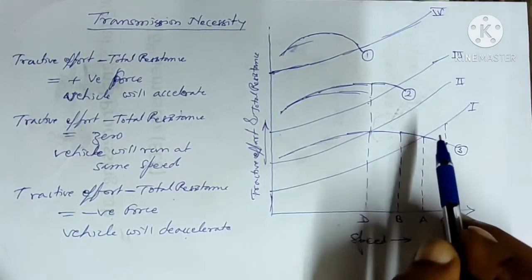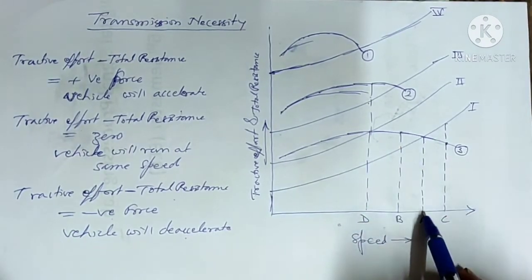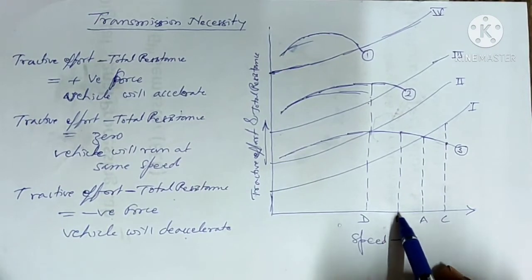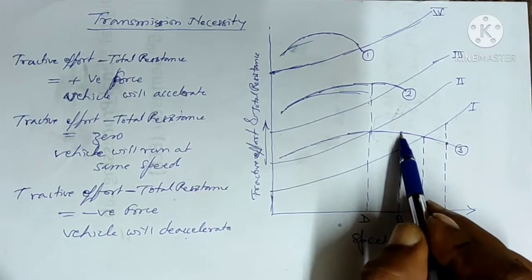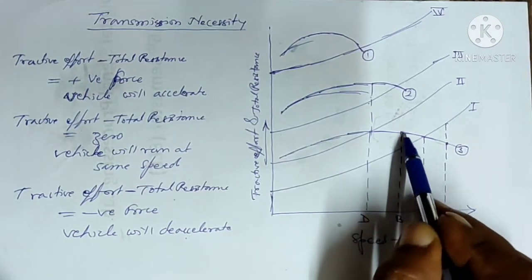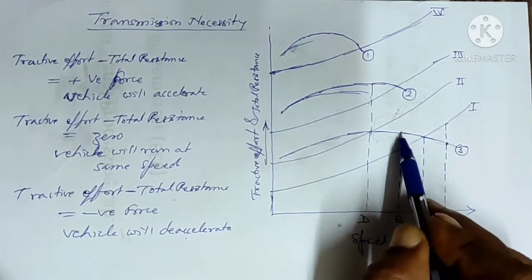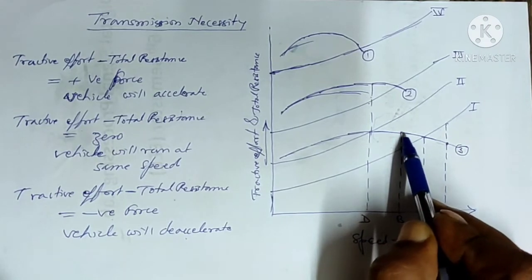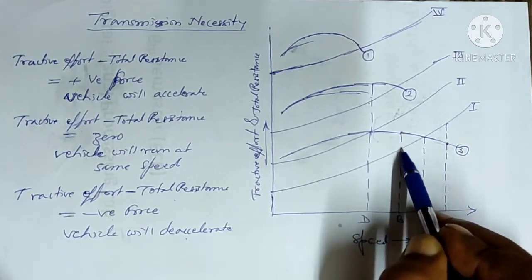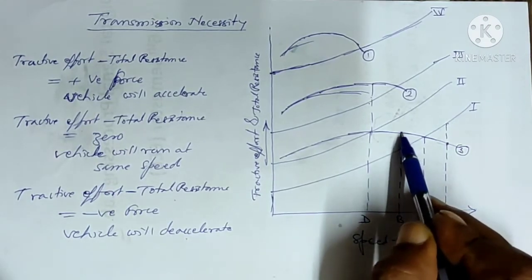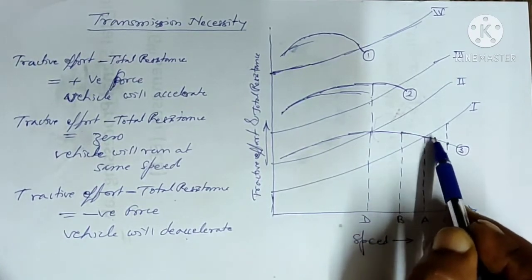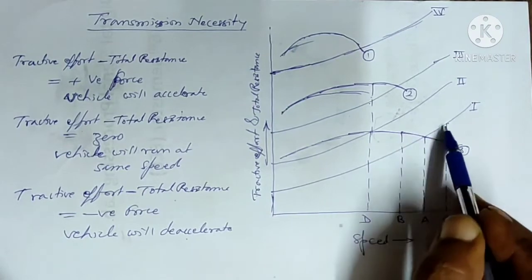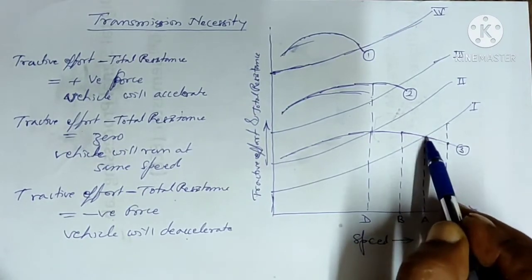But if by some means we reduce the speed to B, in that particular case what will happen? The vehicle will have a net tractive effort, so the vehicle will have more effort than the resistance. So the vehicle will again try to move to a higher speed so that the tractive effort and the resistance become equal.